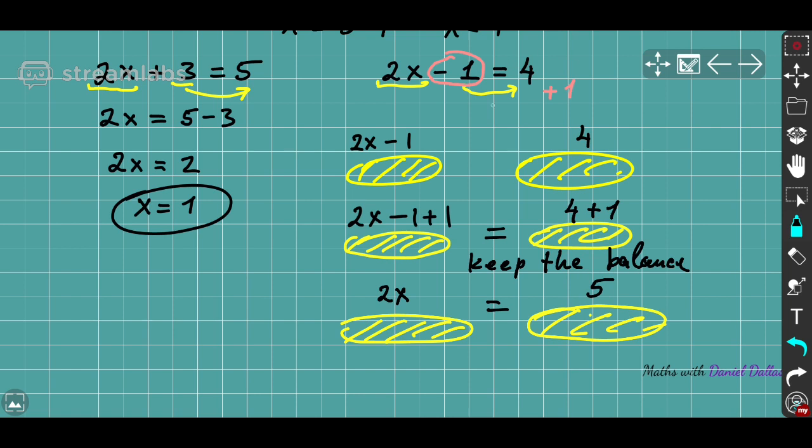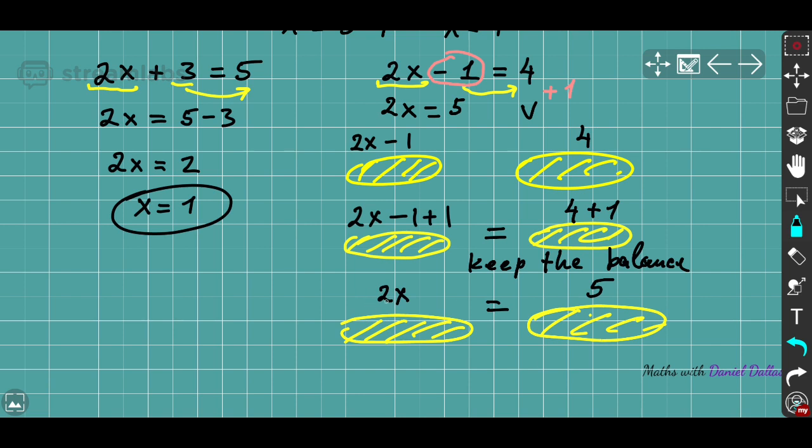So technically you are doing the same stuff. But if you're in year 7, 8, or on top of that 9, you actually use this method. This is just an illustration of why it works.